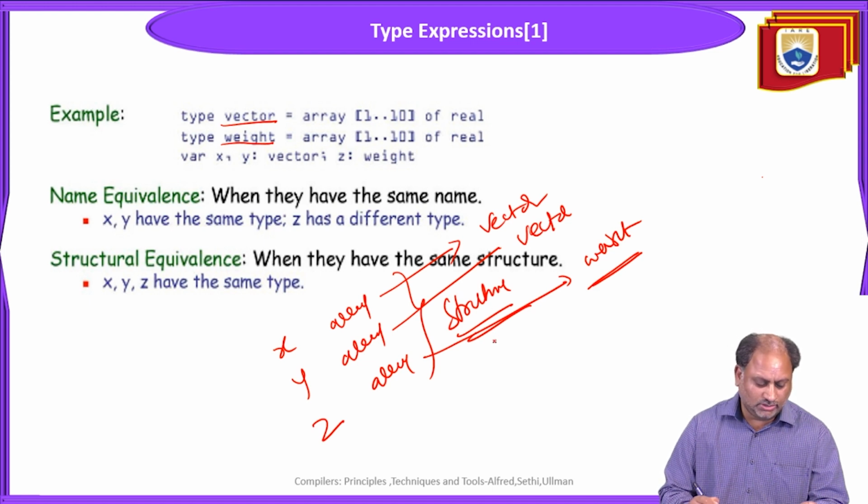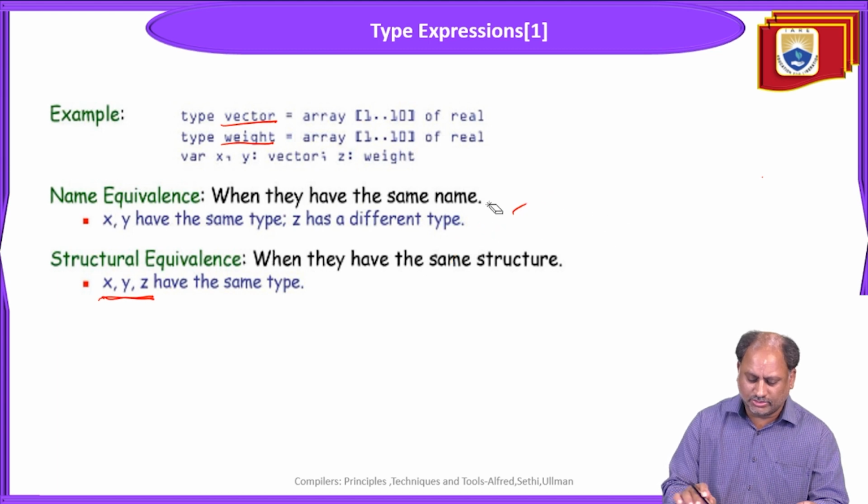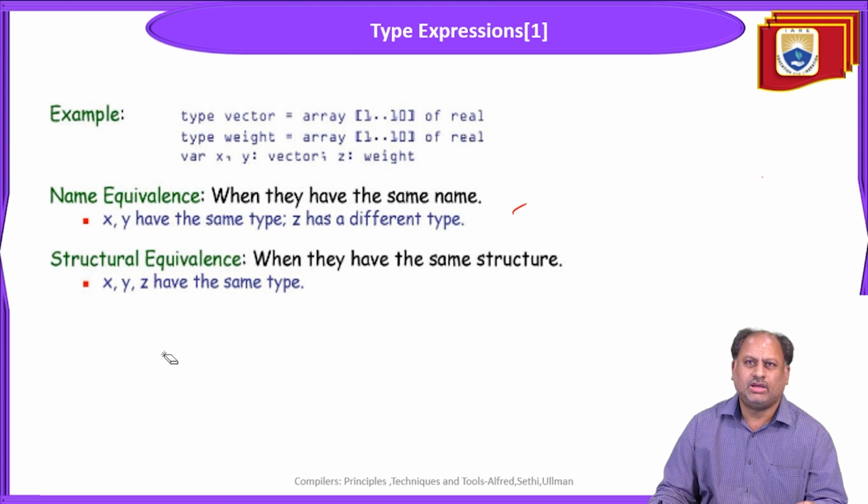Whereas for structural equivalence, x, y, z, these three variables hold the same structure, array structure. And then we can say what value the type expression is holding, whether it belongs to the same type expression or same type or same name.